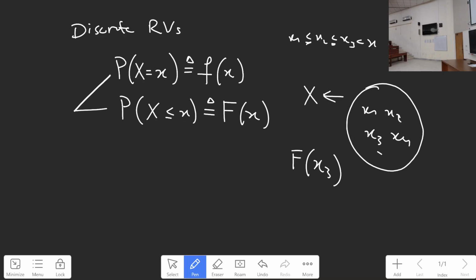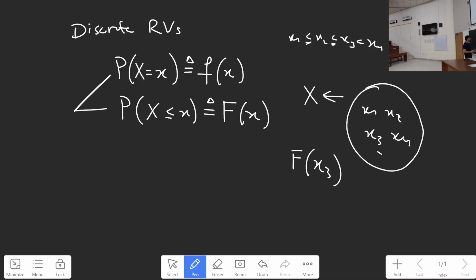So f of x3, what am I saying? The probability that this random variable takes a value x3 or less. From now on, for this kind of range, we will call that the cumulative distribution function.